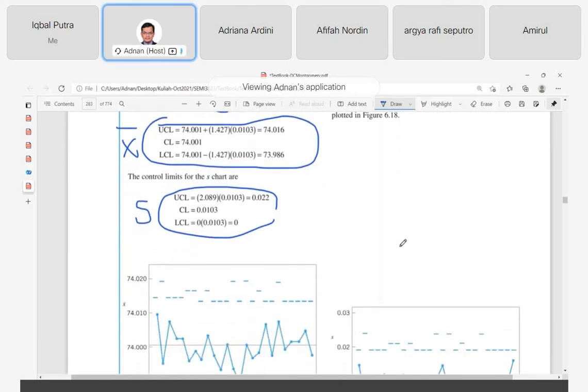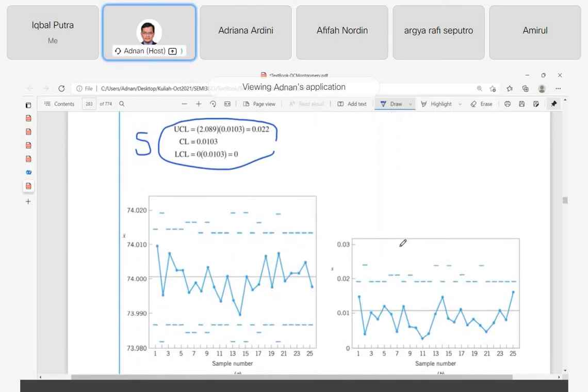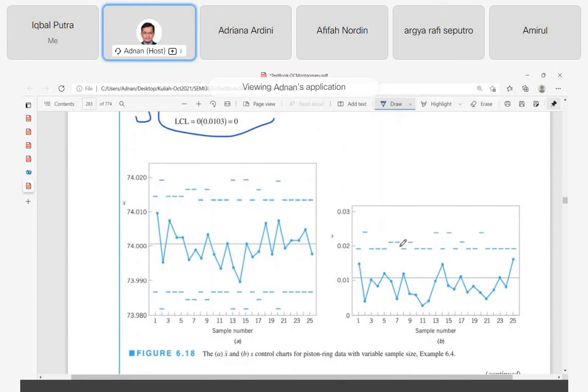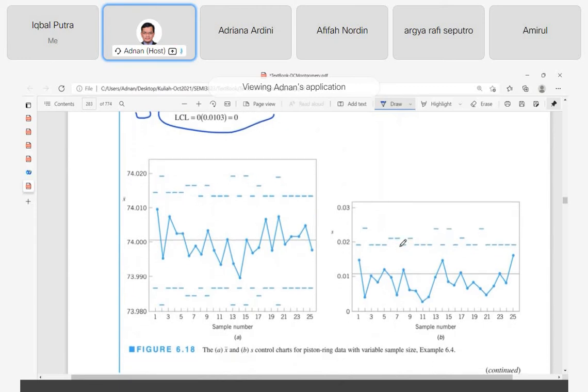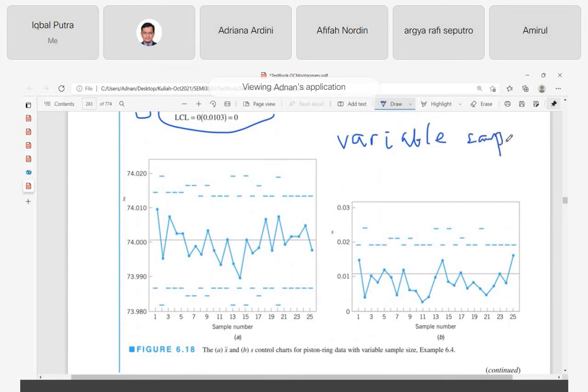Okay, so now when we plot, you may see that there are differences from the earlier one. What do you observe in this chart? This is using variable sample size. How is it different from the earlier chart? You notice anything?